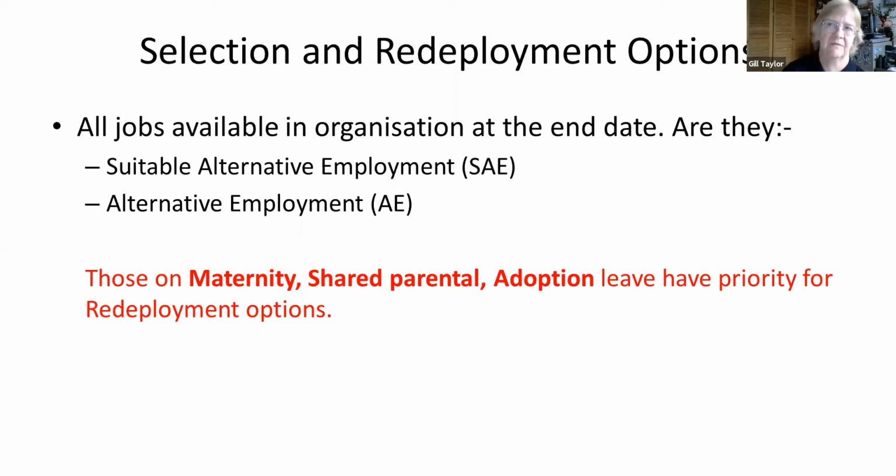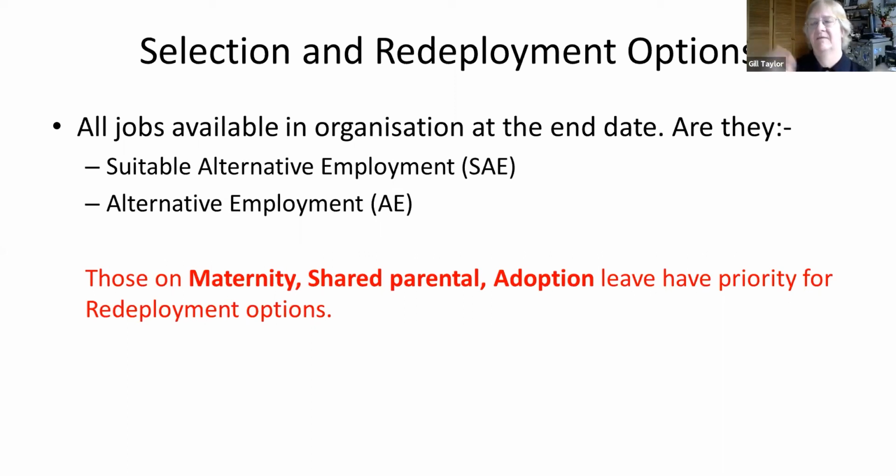So one of the things you can do is allocate jobs that are available in the new organogram to jobs in the old organogram and say, well, that's suitable alternative employment for you. So what that means is you judge it by criteria like job content, status, which is a funny thing, but what they really mean is pay grade, pay, status, job content.